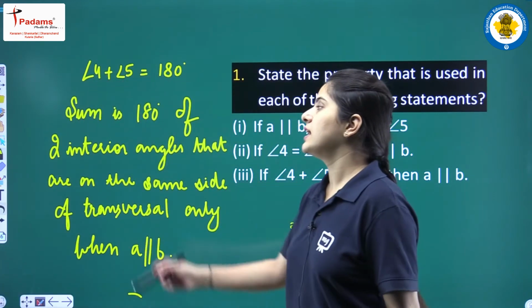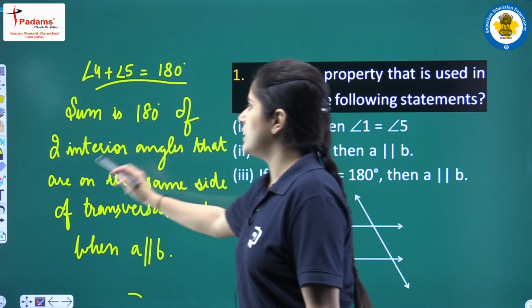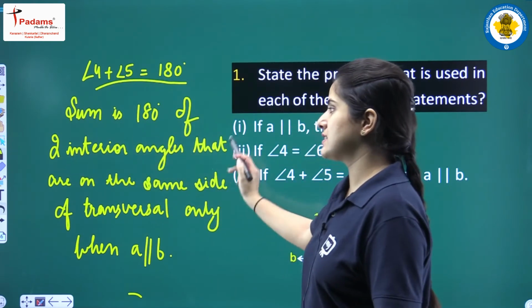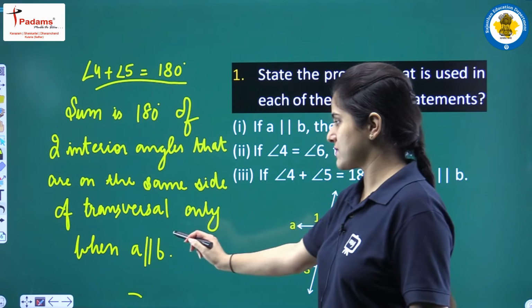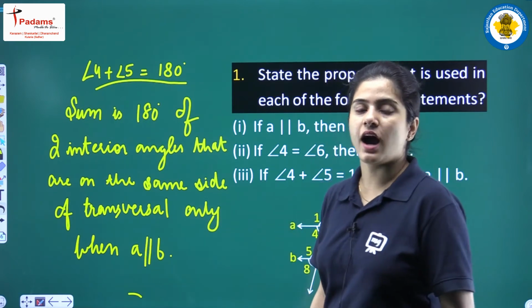Have a look students, the sum is 180 degrees of two interior angles that are on the same side of the transversal only when A and B are parallel.